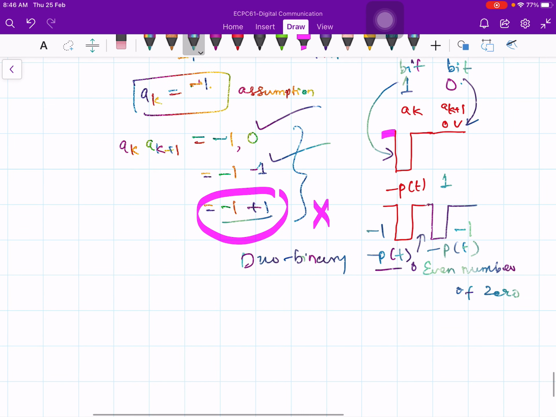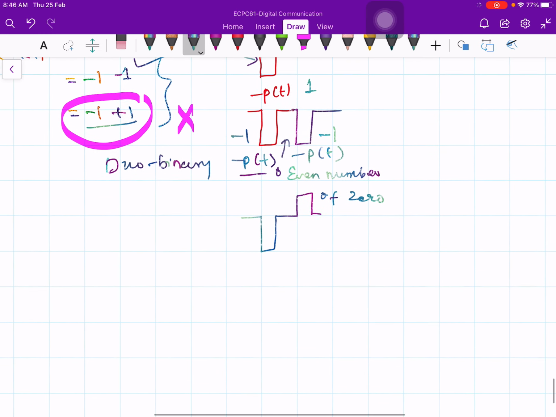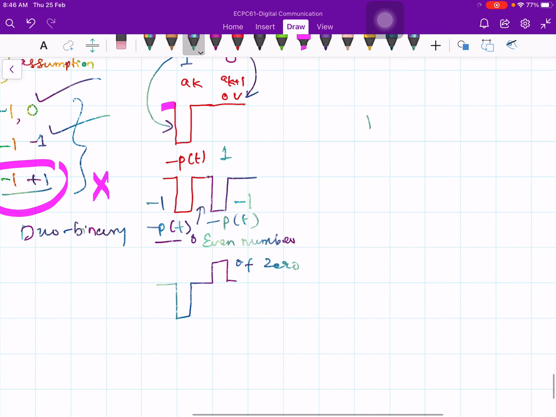Okay, I cannot draw the waveform like this. Let me draw here. Bit 1 and bit 1. For this one, let me use minus p of t, and here I can't use plus p of t.